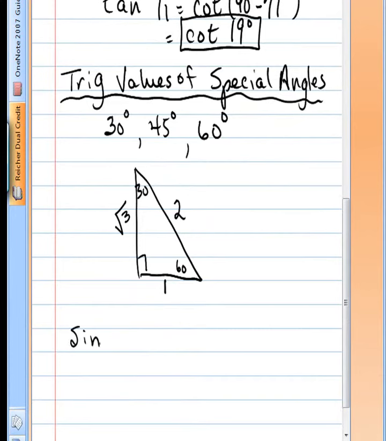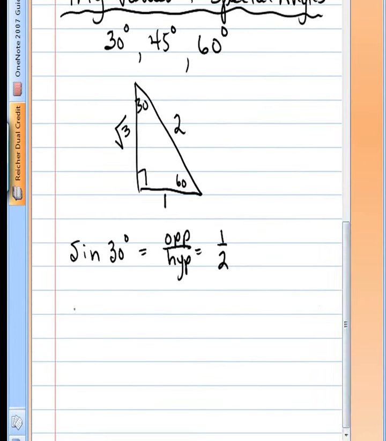If we had the sine of 30 degrees, remember sine is opposite over hypotenuse, which is equal to 1/2. Cosine of 30 is equal to adjacent over hypotenuse, which is square root of 3 over 2.